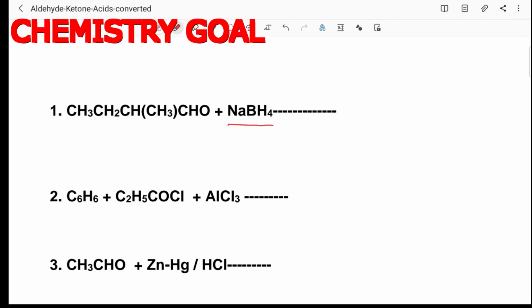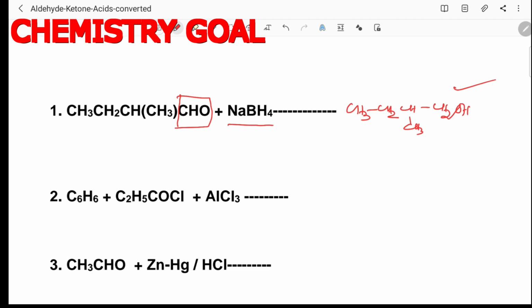So what is the main product here? CH3CH2CH(CH3) and the CHO becomes CH2OH. So this is an alcohol, meaning this aldehyde is converted to alcohol. This is the final product.